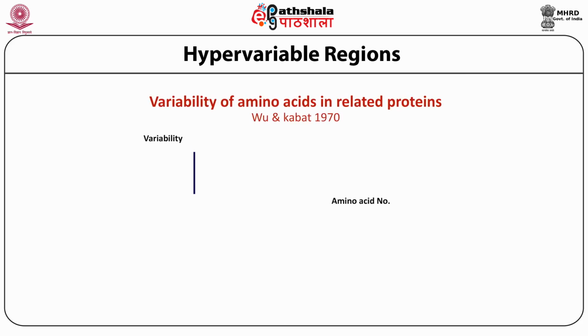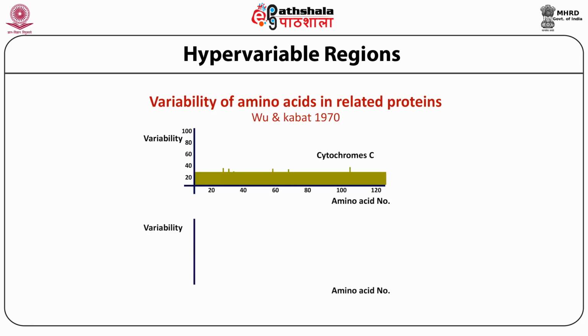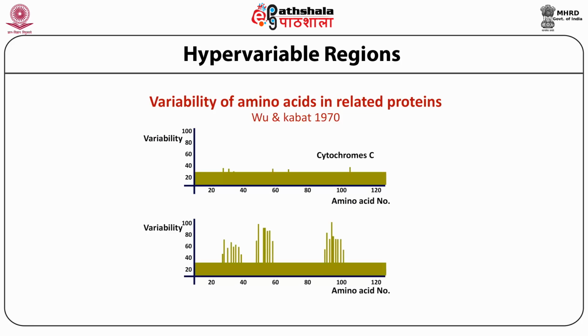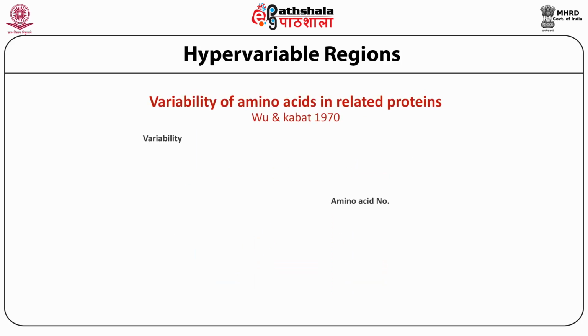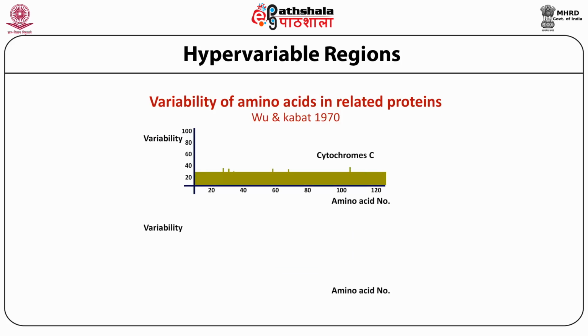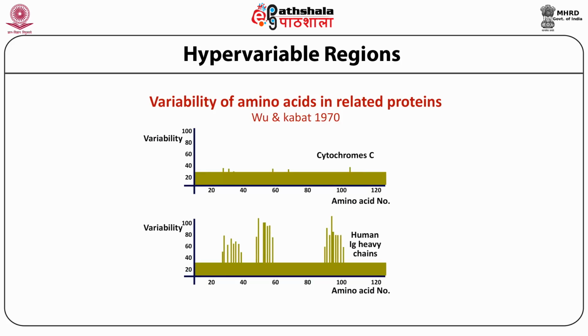The Kabat and Wu plot shows the variability of the amino acid sequence in both H chains and L chains among different antibodies. The different antibodies are against different antigens and antigenic determinants, and hence the variability reflects the origin of the antibody specificity.